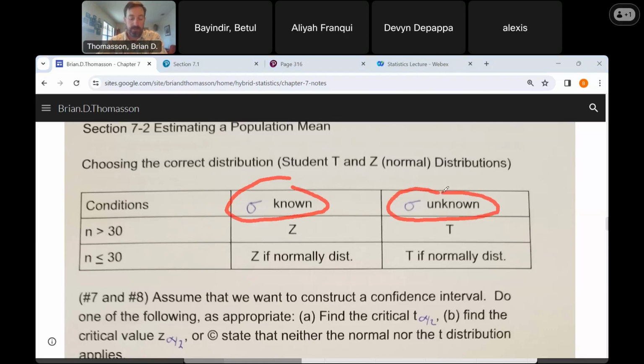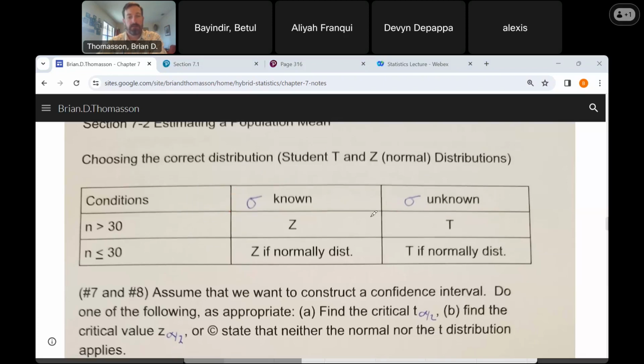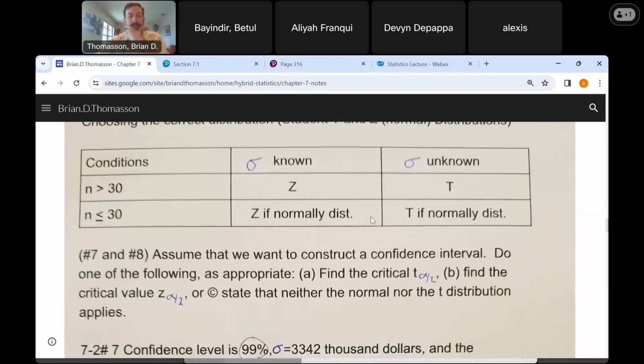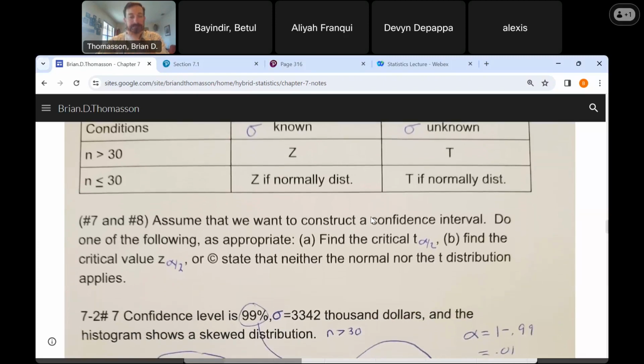So let's remind ourselves what sigma is. Remember, sigma is not only the standard deviation, but the population standard deviation. Okay. Very rarely do we know the population standard deviation, but that's what we're looking for, whether we have the population standard deviation or not.